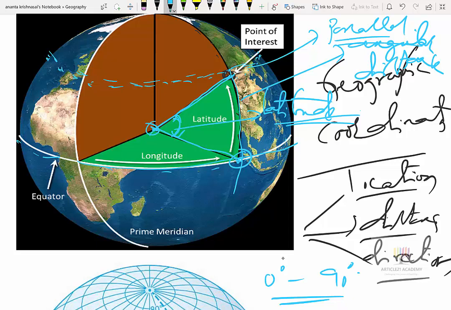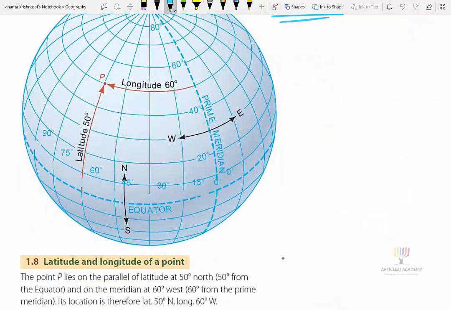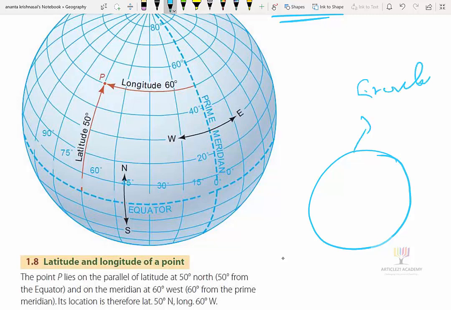And why is this being seen? You observe that the circumference of the earth, if I look at it in terms of a circular circumference, traverses 360 degrees. That means if I start at a particular point called the North Pole and have to complete one complete circle, I have to travel 360 degrees as the angular distance to reach the same point again.